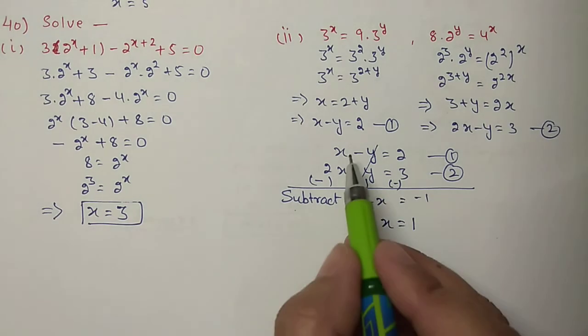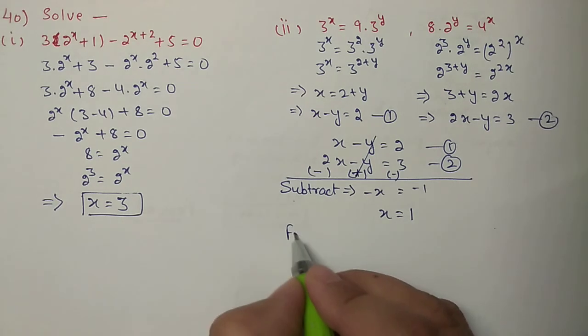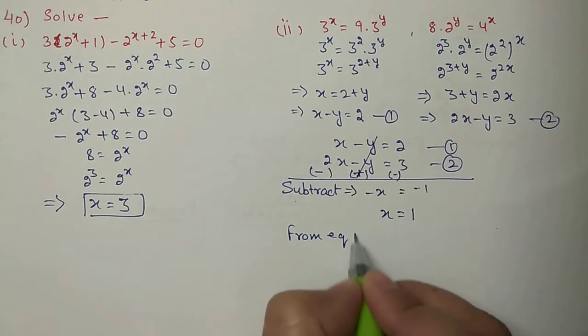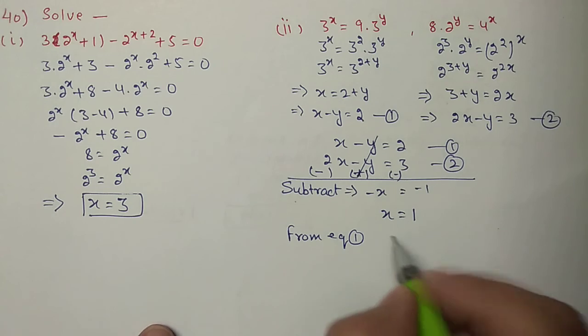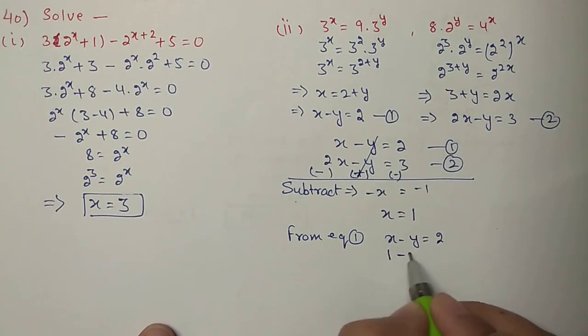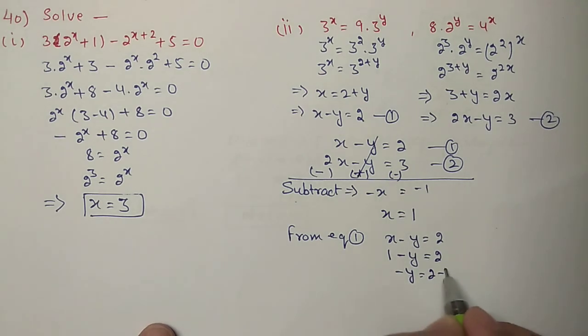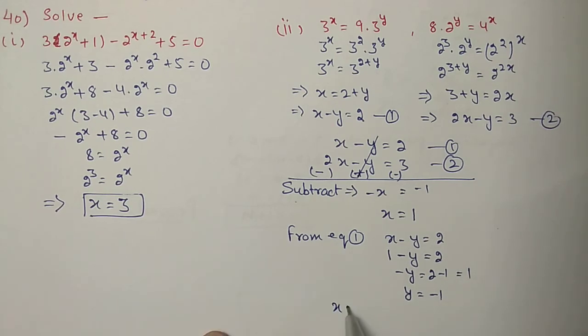Now the x value you can substitute in any one equation. So from equation 1 we have x minus y equal to 2. So the x value is 1, 1 minus y is 2, it means minus y will be 2 minus 1 equal to 1, or the y value will be minus 1. So we got here x is 1 and y is minus 1.